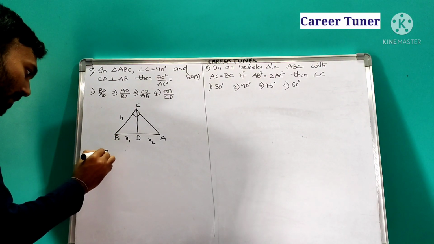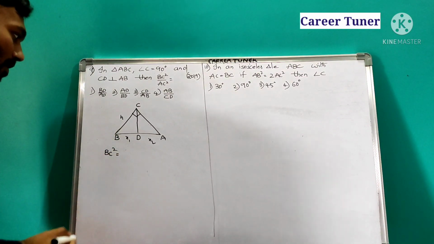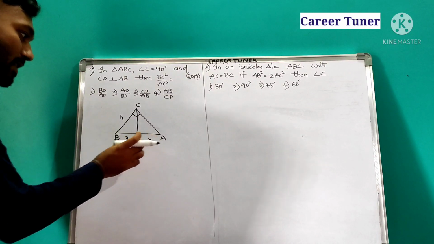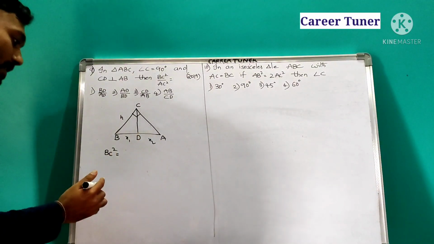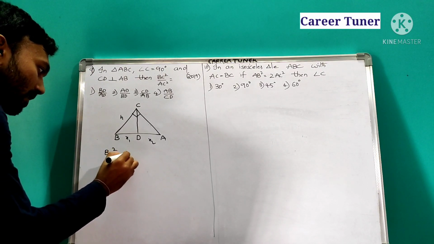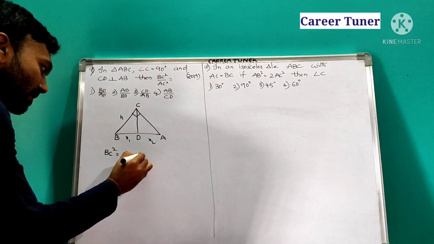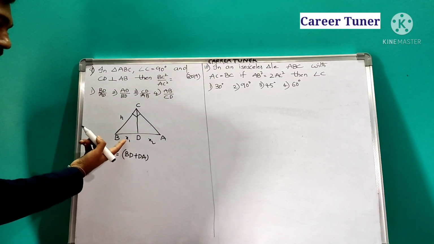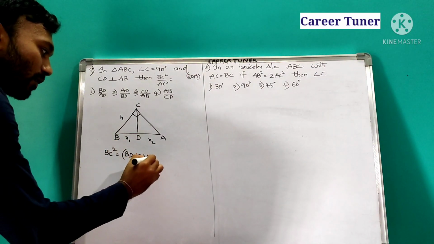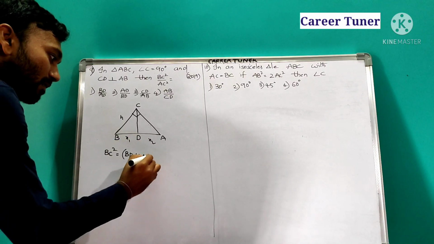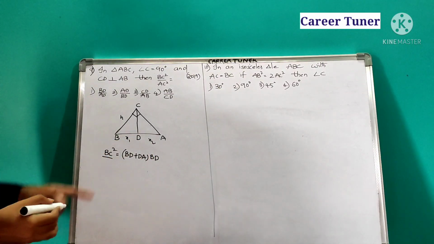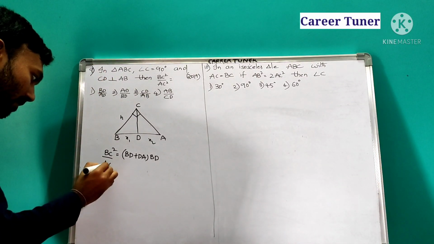BC square or h square is equal to x1 plus x2, and x1 plus x2 means BD plus DA into, this is on which side, this side. So since it is on this side, we multiply again, so it becomes BD. And similarly by AC square.